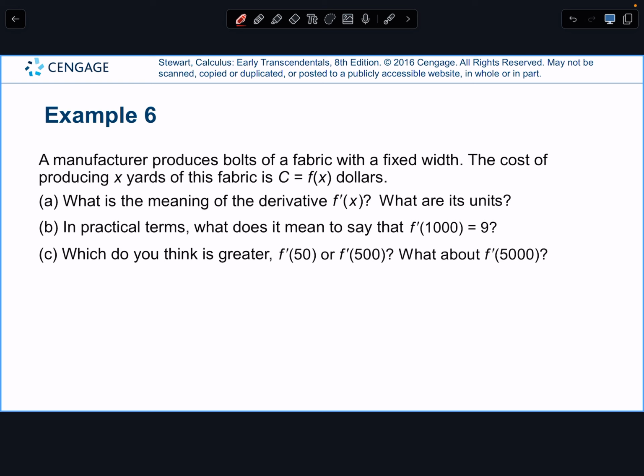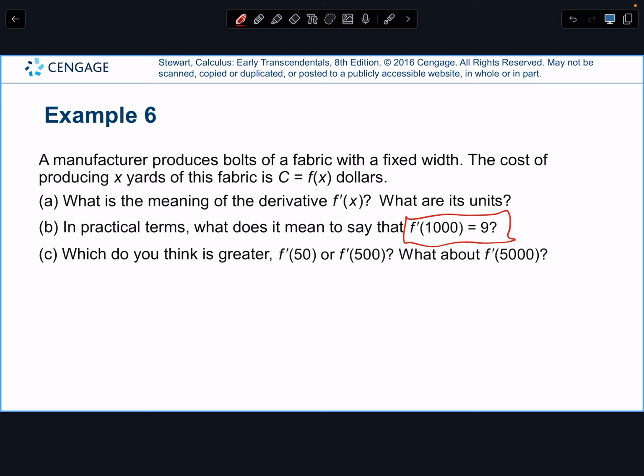And so what does it mean to say the derivative at 1,000 is 9? The answer is, as you produce that 1,000th yard of fabric, it's costing you $9 per yard. That's how much it's costing you per yard at that point in time.